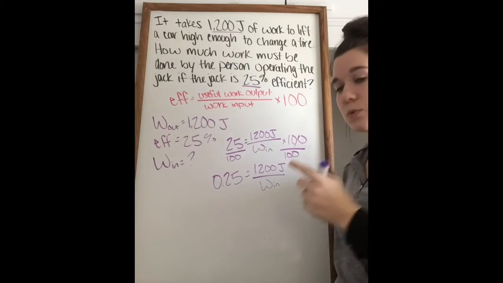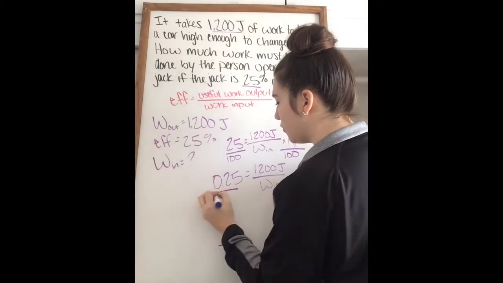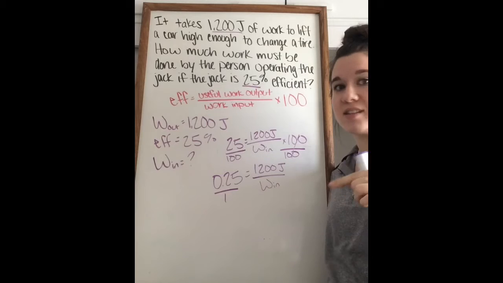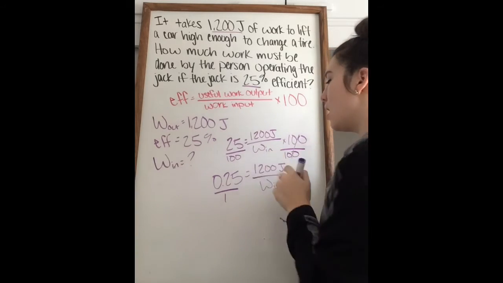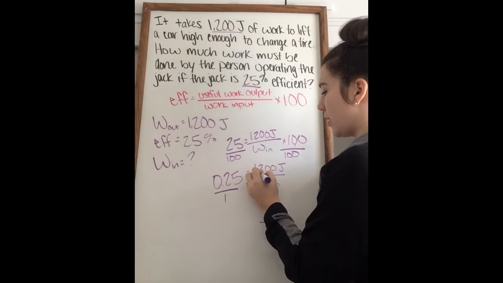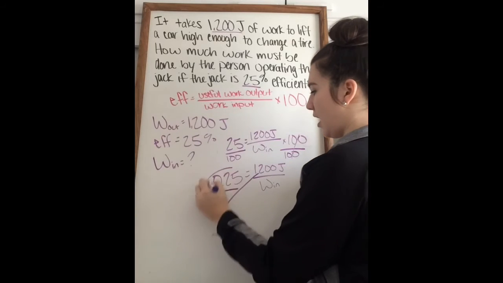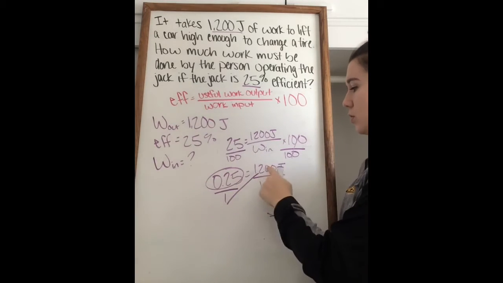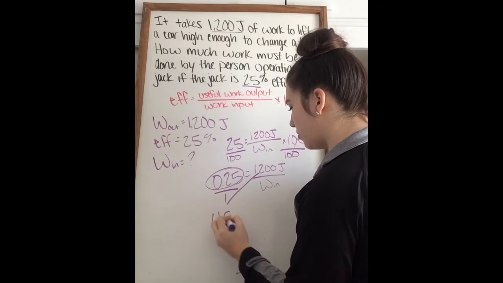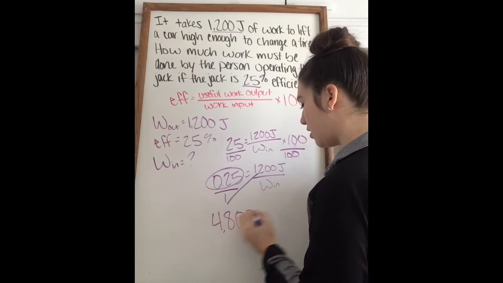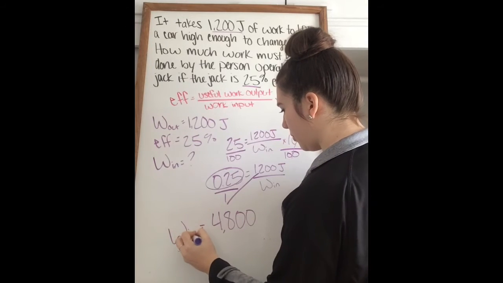Okay, and then the easiest way to solve this is going to be probably to turn it into a proportion. Okay, so if I put 0.25 over 1, that's still 0.25, right? Anything divided by 1 is just that number. Okay, so now I have a proportion, so I can cross multiply my 1,200 by 1 and divide by that 0.25. So 1,200 times 1 is 1,200, divided by 0.25 should be 4,800.